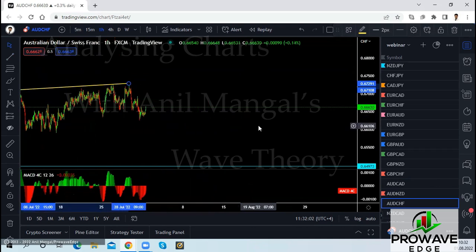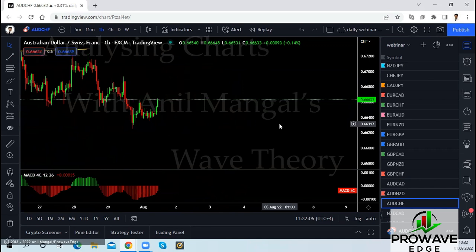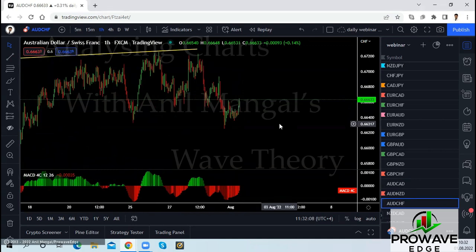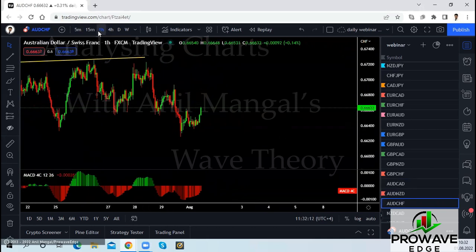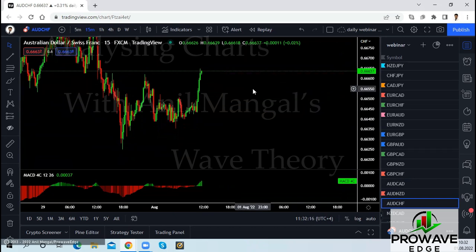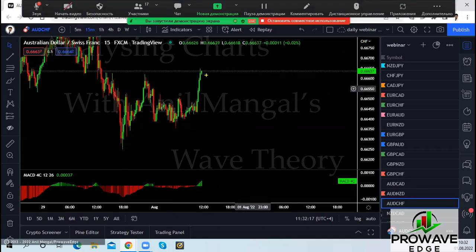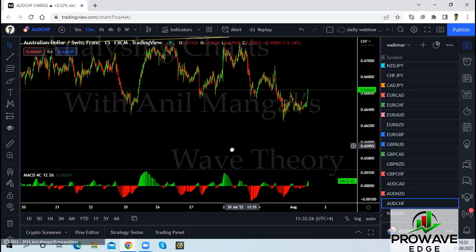Which means this might come a little more down than up. Or is it already going up? Not as yet. We don't have a buy setup. So I'll say let's leave it alone. And the 15, even you'd find you don't have a buy setup. You might get a buy setup if this actually comes back here and then go. Leave it alone. Let it go up a little higher and make a flag, and then we'll buy.